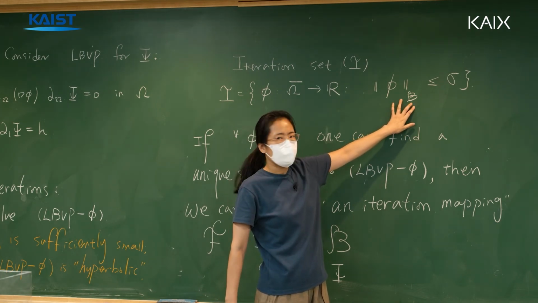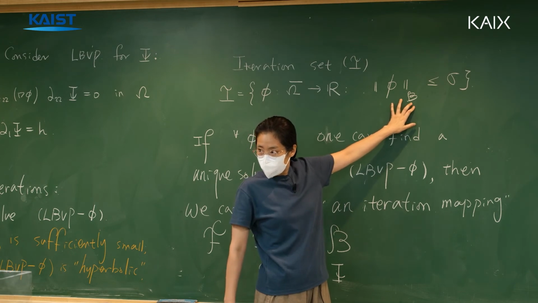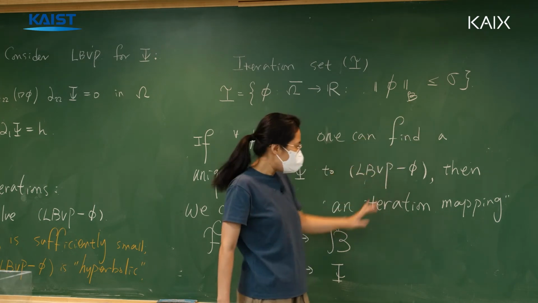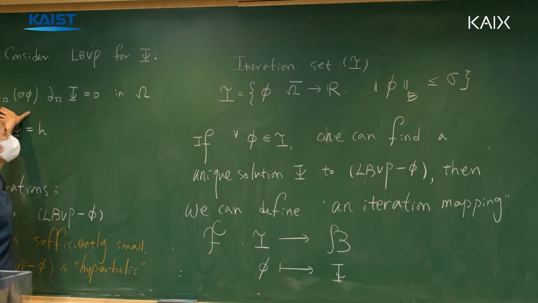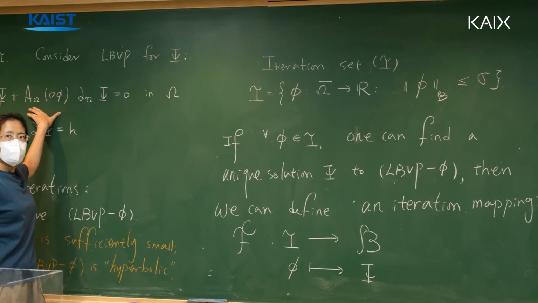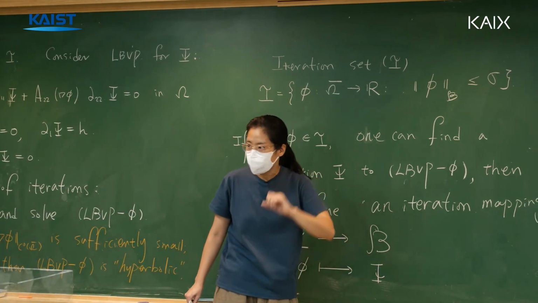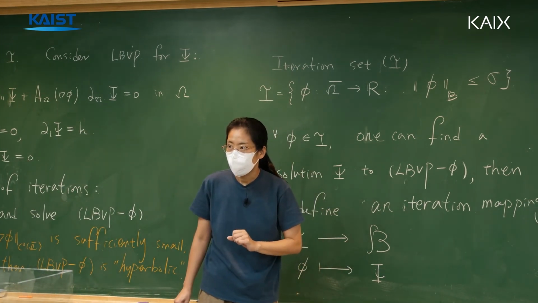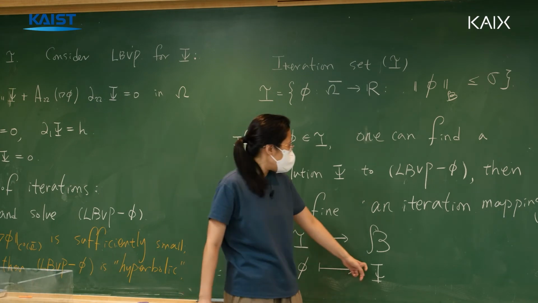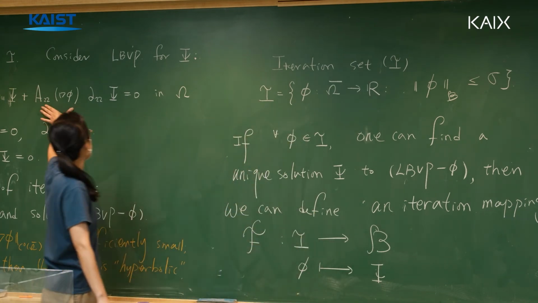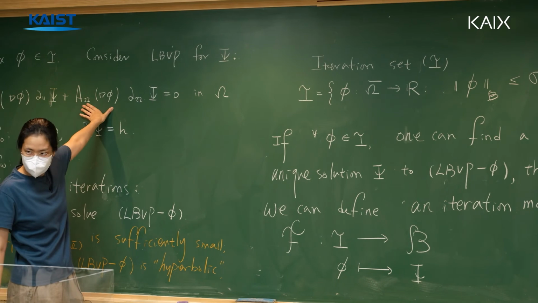For example, it cannot be C infinity, because if your coefficient is in C4, you cannot get your solution to be infinitely differentiable, because the regularity of your solution completely depends on the regularity of the coefficient.